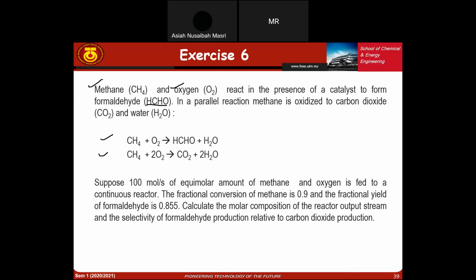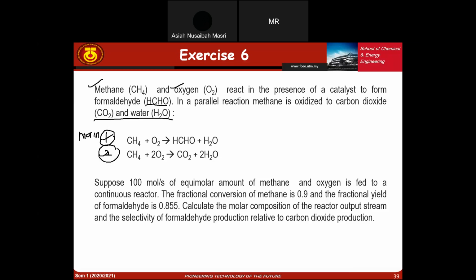This statement refers to the top reaction, and this will be our main reaction. In a parallel reaction, methane is oxidized to carbon dioxide and water, and that reflects the second reaction, which is our side reaction. So the first is our main, the second is our side reaction.